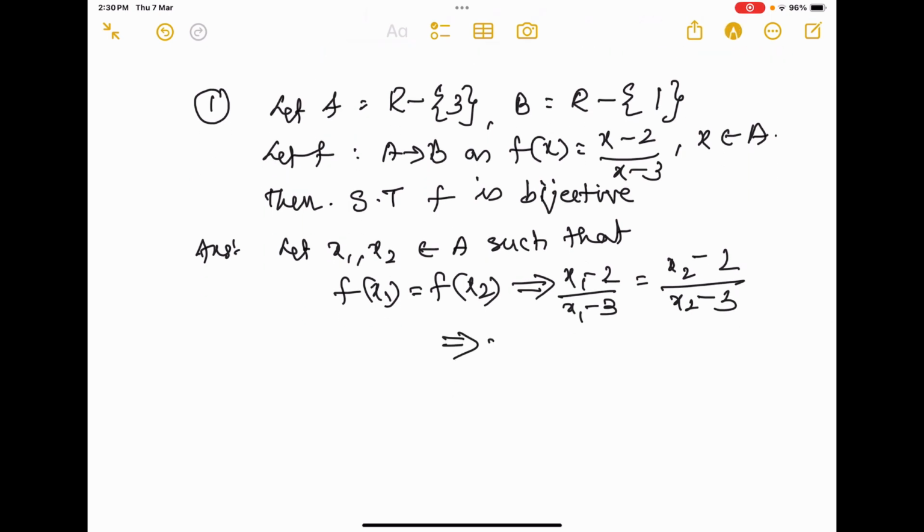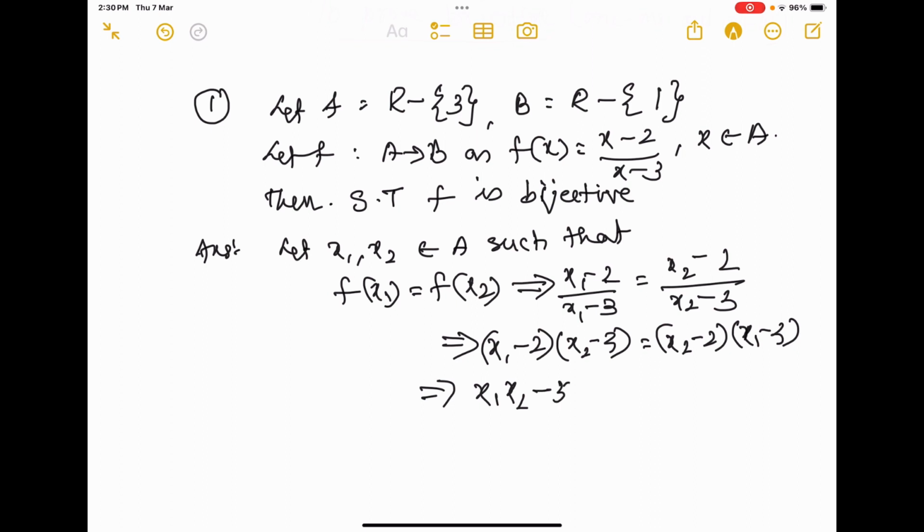That implies (x1 minus 2) into (x2 minus 3) equal to (x2 minus 2) into (x1 minus 3). That implies x1 x2 minus 3x1 minus 2x2 plus 6 equal to x1 x2 minus 3x2 minus 2x1 plus 6, that is, expand it.